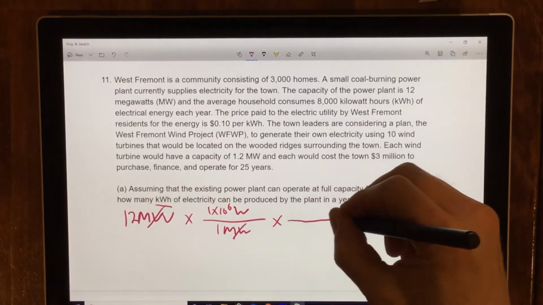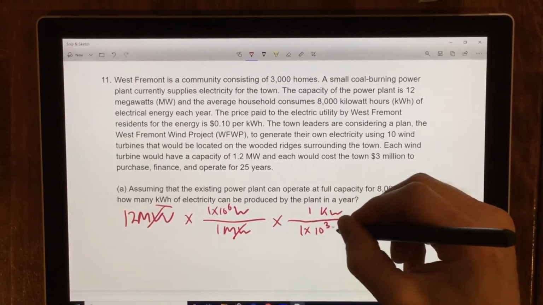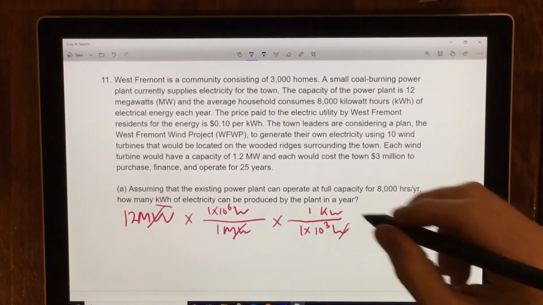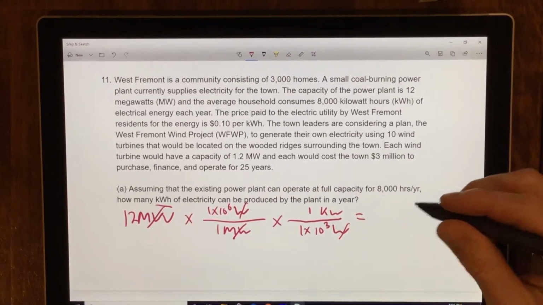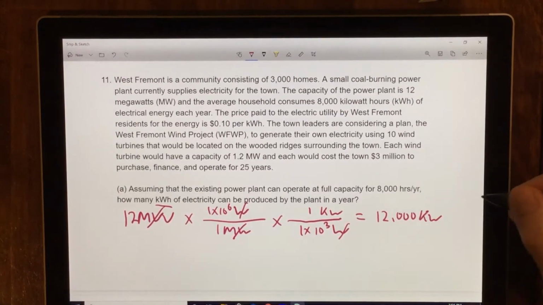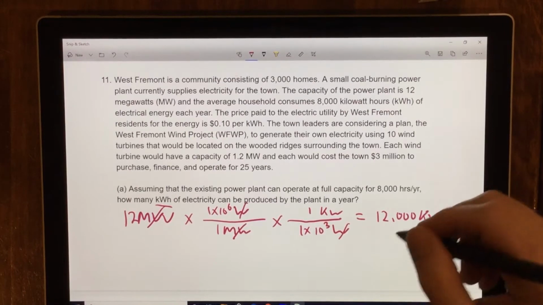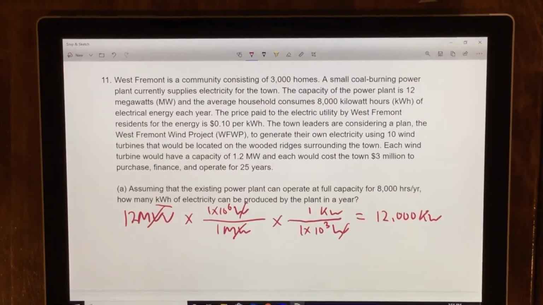Now I'm going to convert to kilowatts. That's up here. So 1 kilowatt is 1 times 10 to the 3rd watts. So watts cancel, and now I'm going to have kilowatts. And that is 12,000 kilowatts. All right? So that's how many kilowatts 12 megawatts is, right?